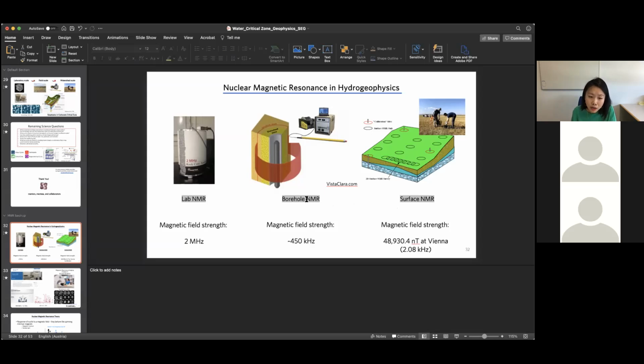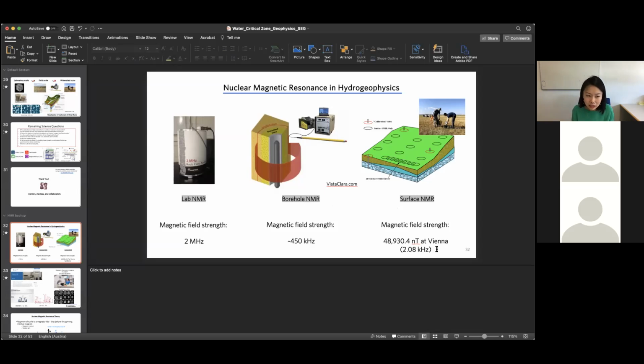For the borehole NMR, we have a magnetic field strength of about 450 kilohertz. And for the surface NMR, it depends on the geographic location. For example, at Vienna, it's about 2.08 kilohertz. So you can already see that the different magnetic field strength can have an impact on the data.